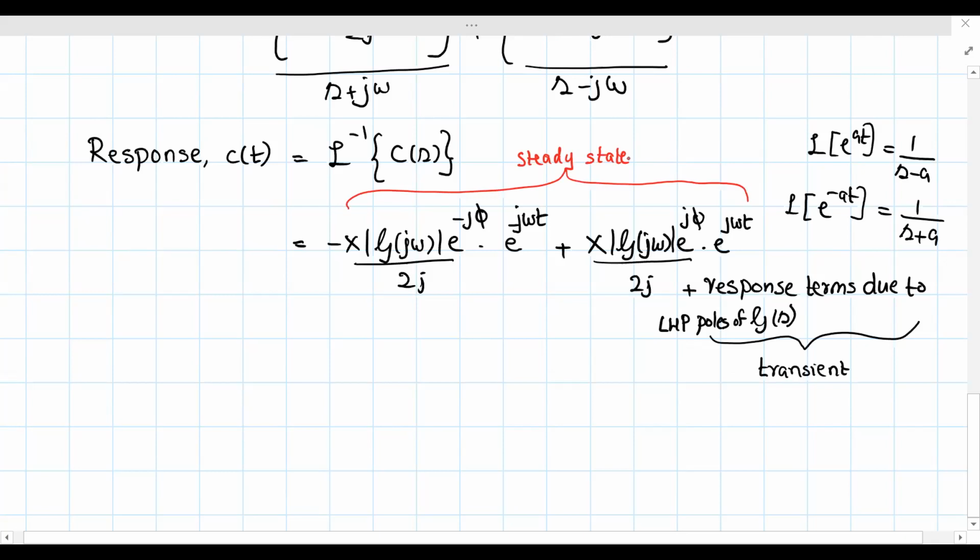Steady state response is governed by the poles of the input function. We had already seen that. So it is in line with that. These two terms came out because of the sinusoidal input function.